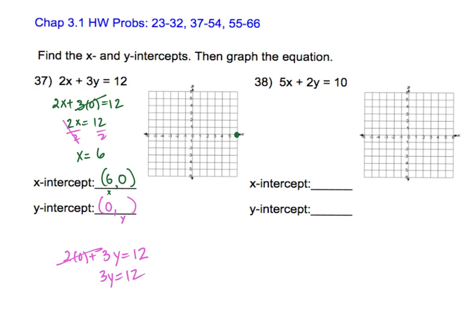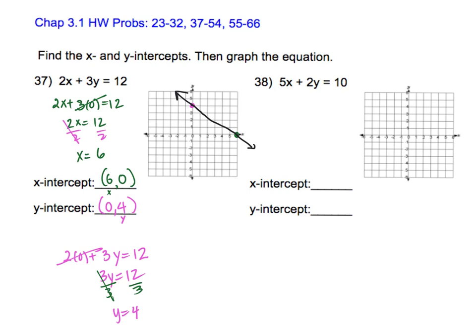And then I just have to divide by 3 on both sides to make y by itself. So 12 divided by 3 gives me 4. So in this case, I have (0, 4), which is up here. And now I just have to connect the dots. So remember, when we have 2 points, hint, hint, basically use your x and y intercepts. Plot those 2 points, you can connect the dots to make that line.